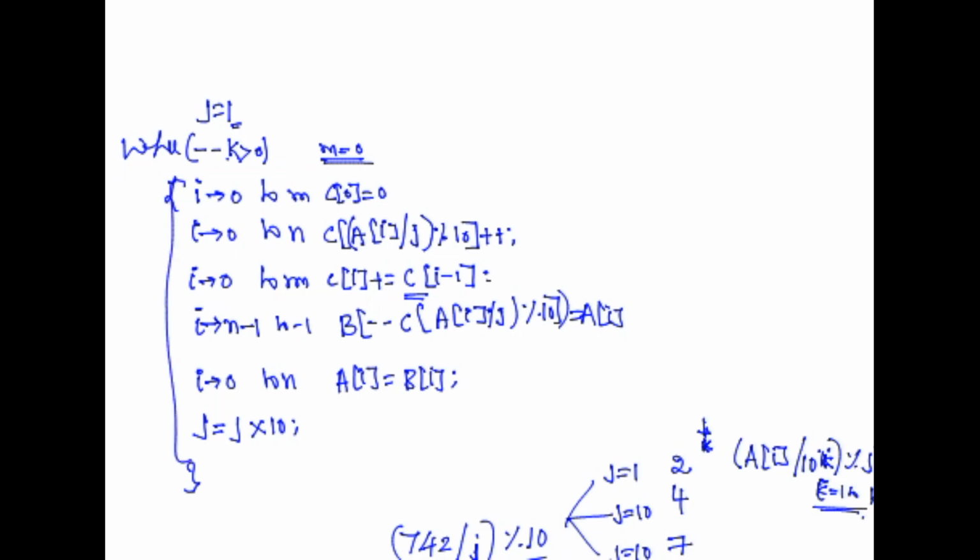The complexity of this is that we apply count sort k times, each of which is order n, where k is the number of digits. So this is n times k.